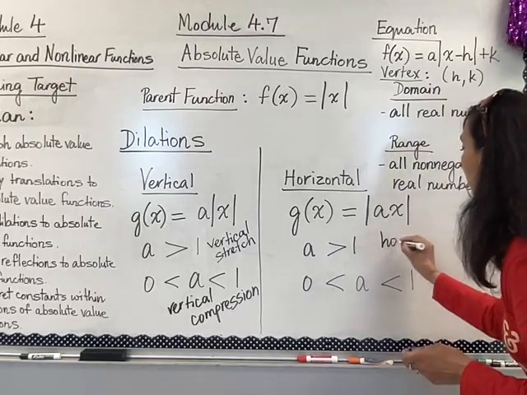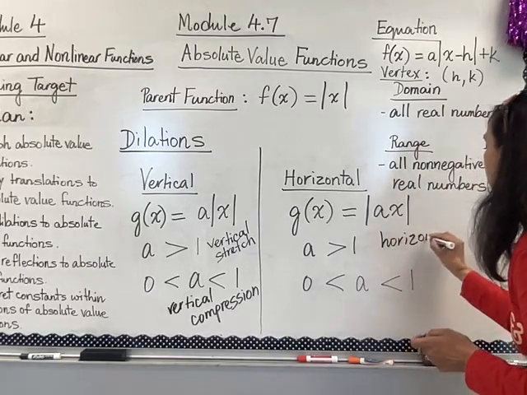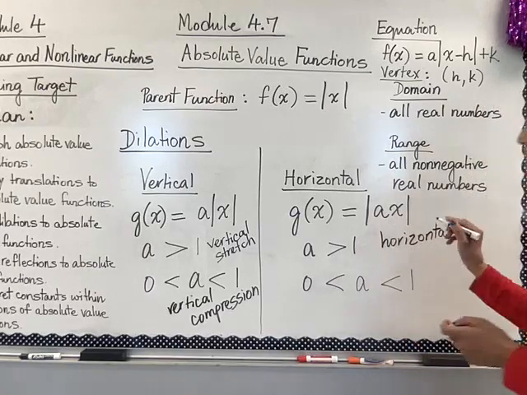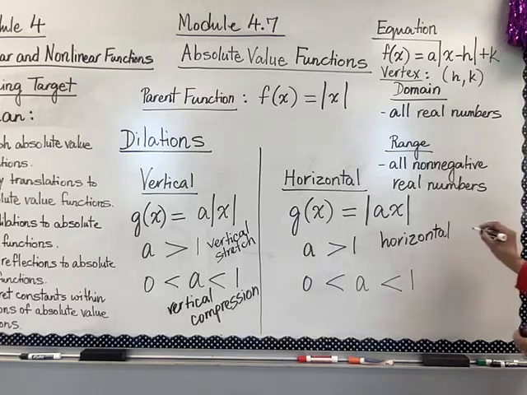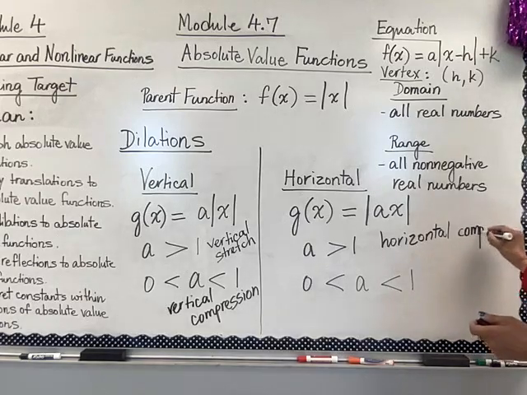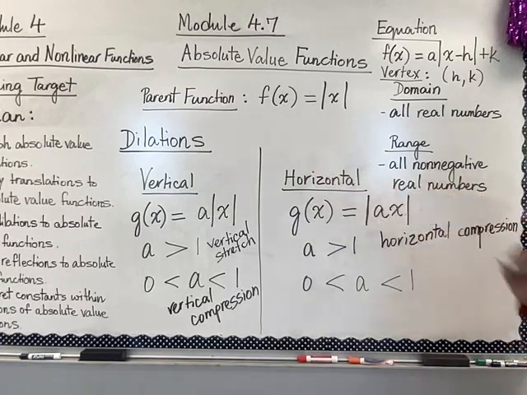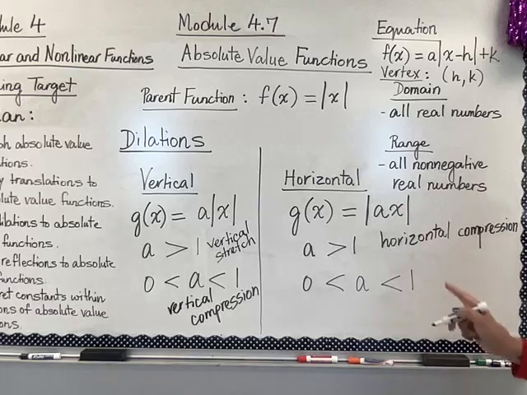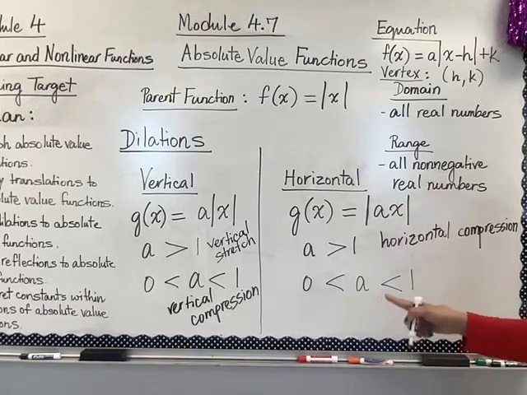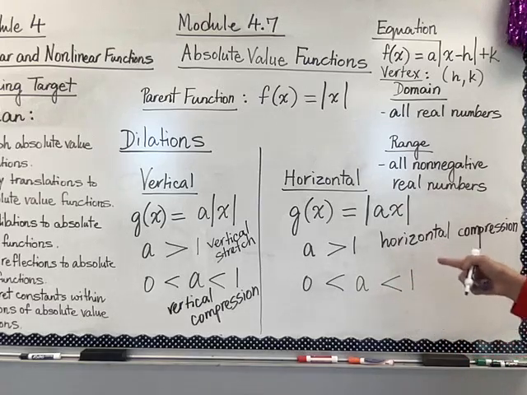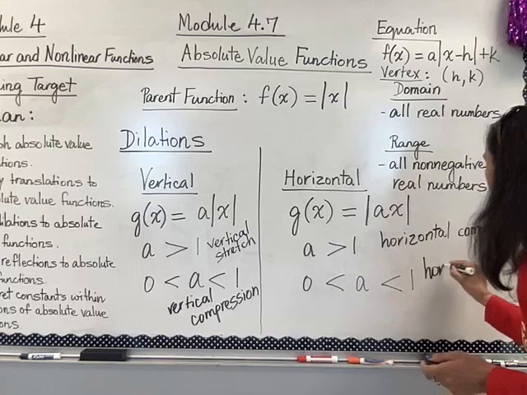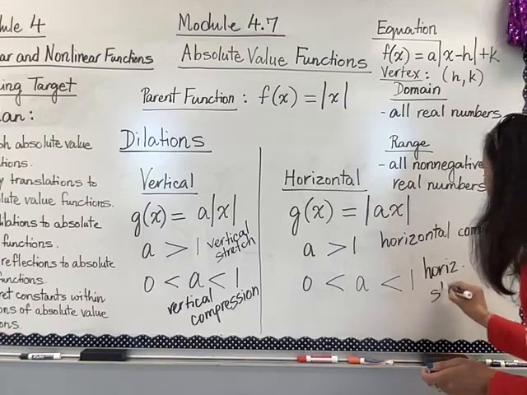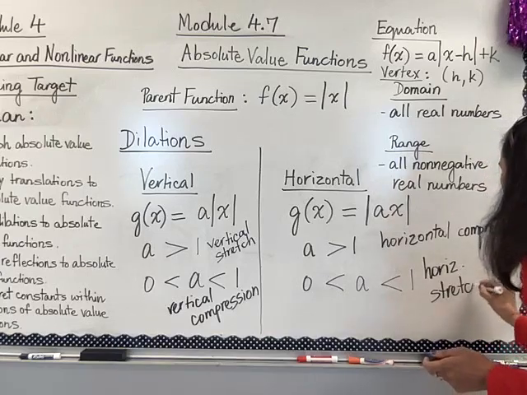If a is greater than 1, this is a horizontal compression of the graph, so it is the reverse of the vertical. And in this one, if 0 is less than a and a is less than 1, this is going to be a horizontal stretch.